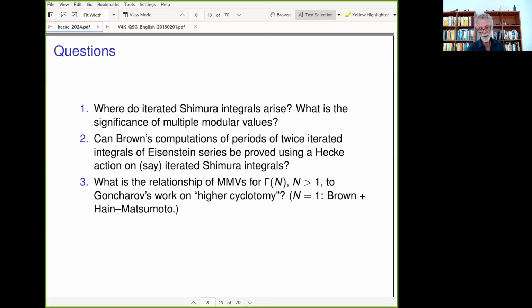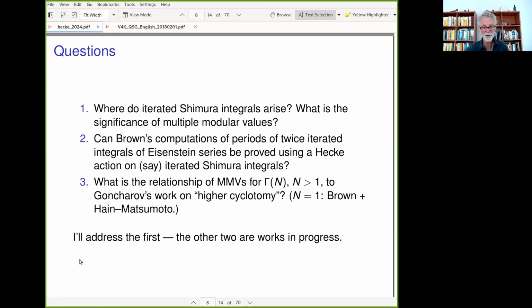If you take an elliptic curve minus the identity, it degenerates more or less to P1 minus 0, 1, and infinity. So you can regard P1 minus 0, 1, and infinity as a very degenerate elliptic curve with its identity removed. And likewise, for higher n, you can think of C star minus the nth roots of unity as a very degenerate elliptic curve with a cyclic n-torsion subgroup removed.